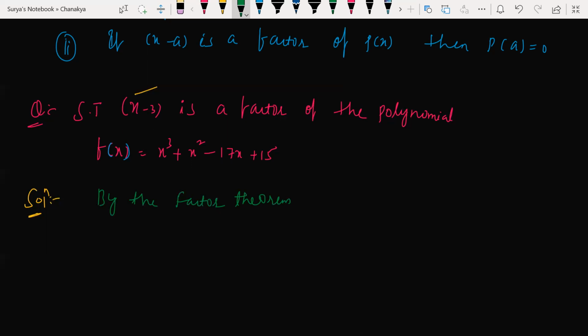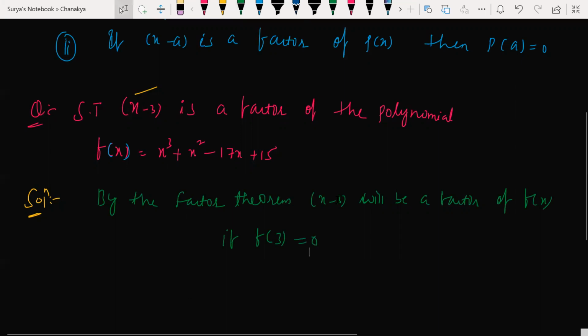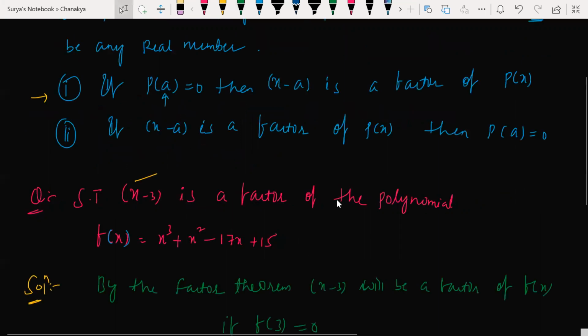By using factor theorem, x minus 3 will be a factor, right? X minus 3 will be a factor of f of x if f of 3 is equal to 0. Understood my point? Look at this here, beta. He will be giving you either this condition or this condition. Now in the question, he has given a factor. Now he is asking us to show x minus 3 is a factor.